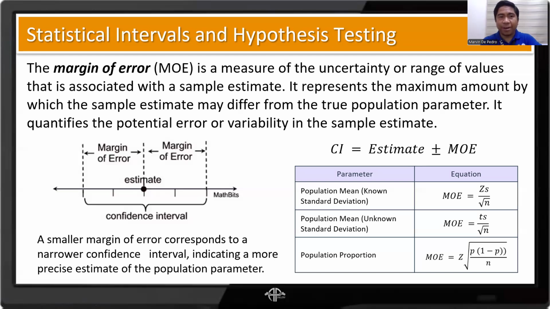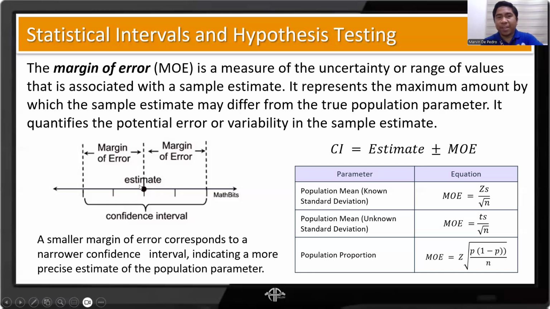How do we get the lower limit and upper limit? First, we have our estimate and our margin of error. We subtract our MOE from the estimate to get the lower limit. If the estimate is 75 and the MOE is 5, then the lower limit is 75 minus 5, which is 70.